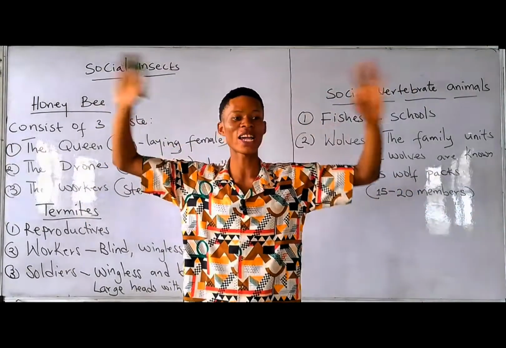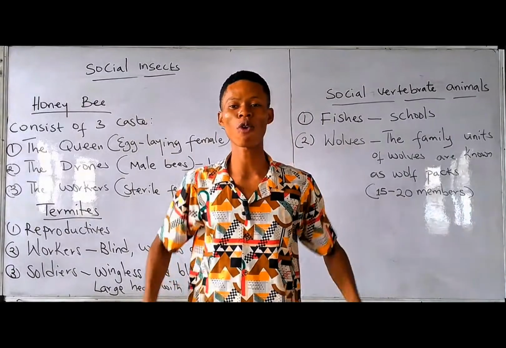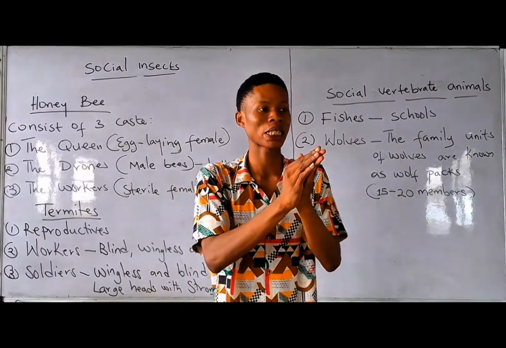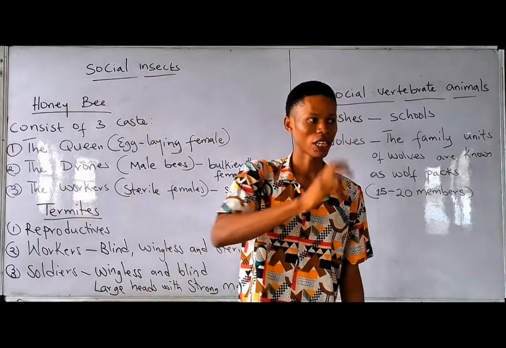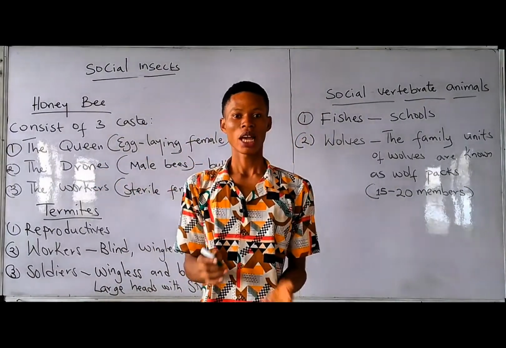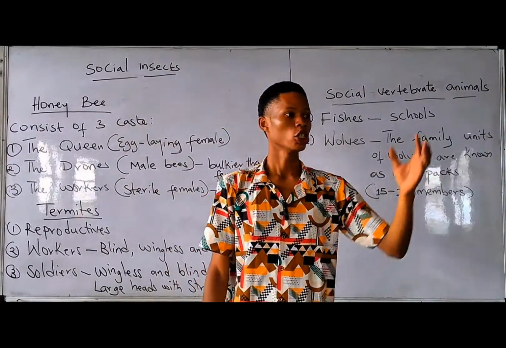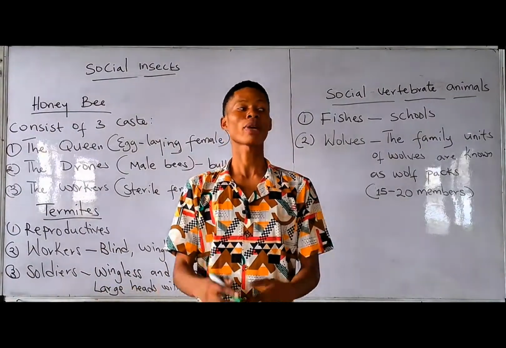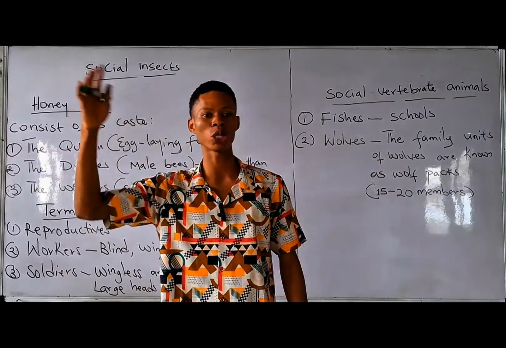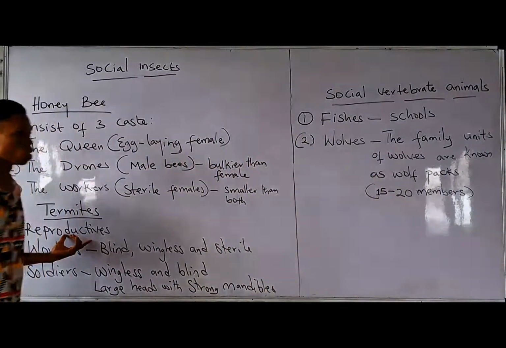As they are flying, as they mate, their wings can fall off. The survivors become what? The queen and the king, right? Some can die off, but those that survive become the queen and the king. Good. So that's that for the reproductives.